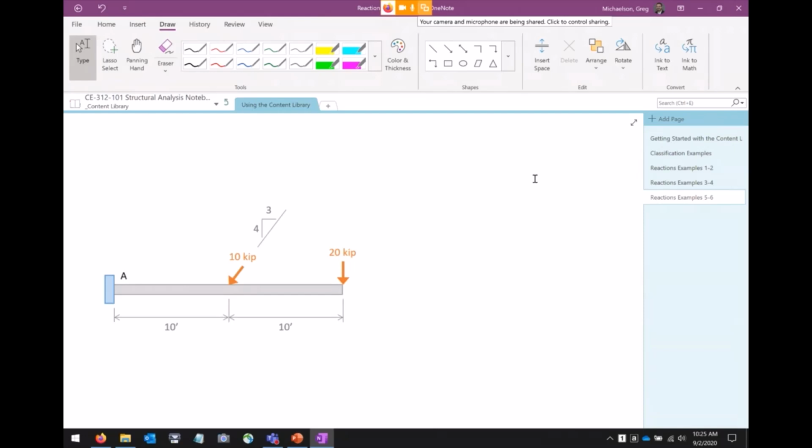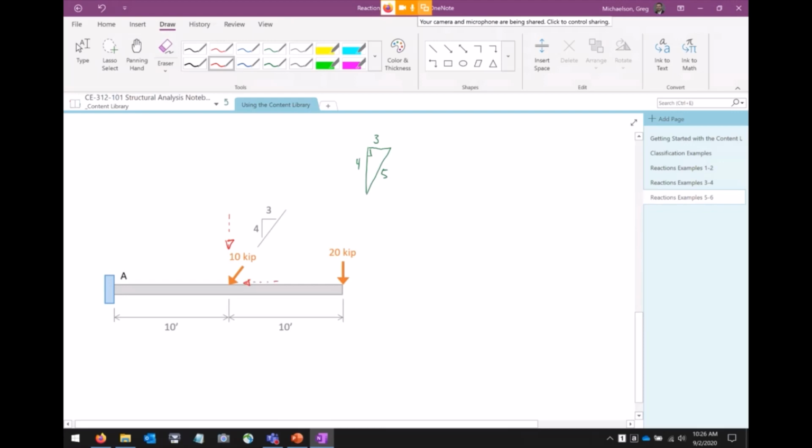First thing that we need to do before we handle any of the reactions is take this 10 kip load and break it apart a bit. First off, we have this triangle here. This is a 3, 4, and this is going to be a 5. That's a 3, 4, 5 triangle. And so what that means is I can take this 10 kips and split it up into a vertical force and a horizontal force.